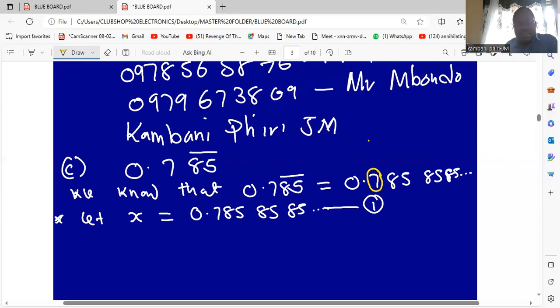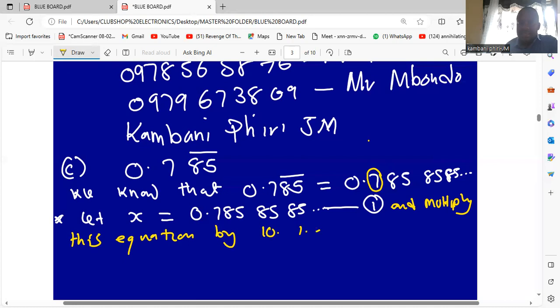So we must take the 7 the other side. We multiply this equation by 10.